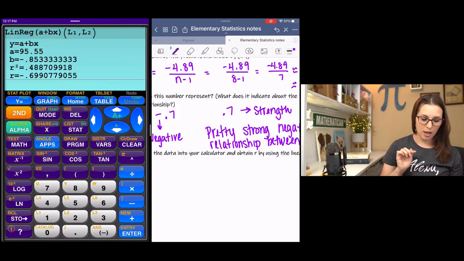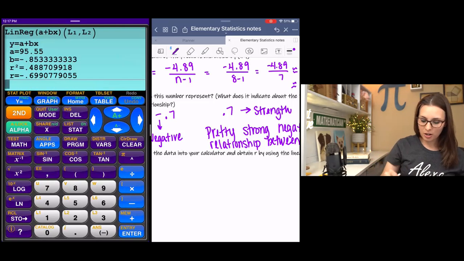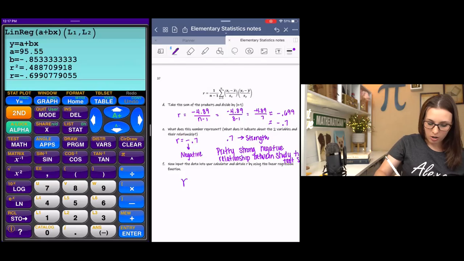Enter. And we can see down at the bottom, we have, well, at the top, we have our linear regression equation, our A value and our B value. And then down on the very bottom line, look at that, R value. So from the calculator, we got R equals negative 0.7.